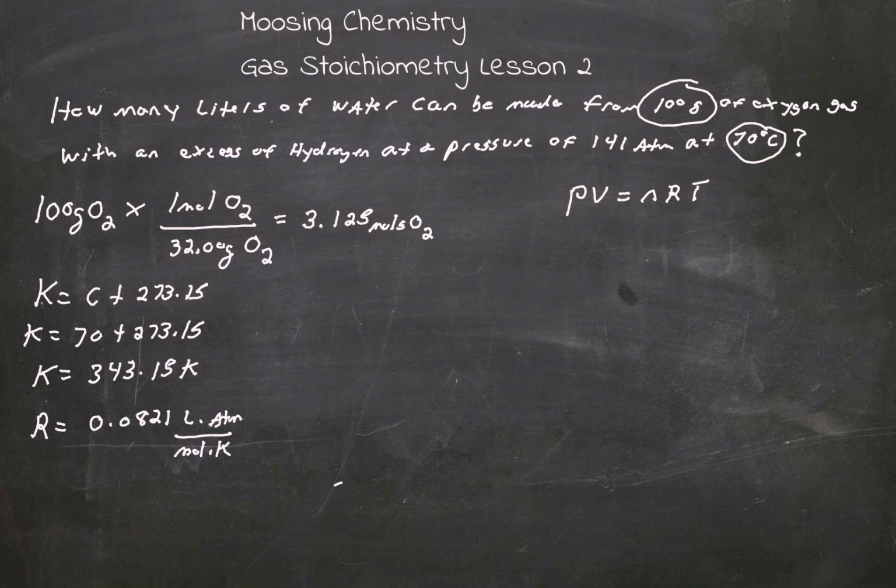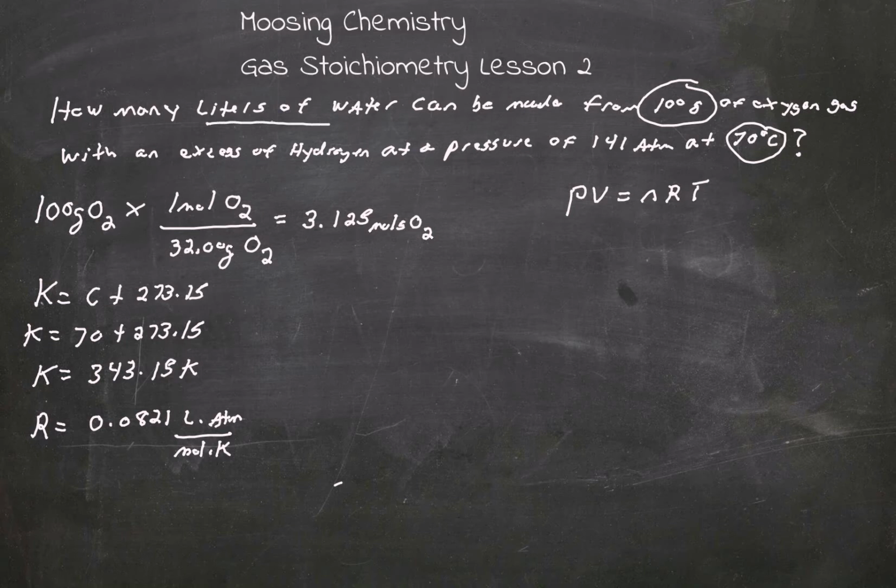Except for one other thing. We know our mass, we know our moles, right? Or do we? Well, we got the moles of oxygen, but we need to know the moles of water, because we're finding water.